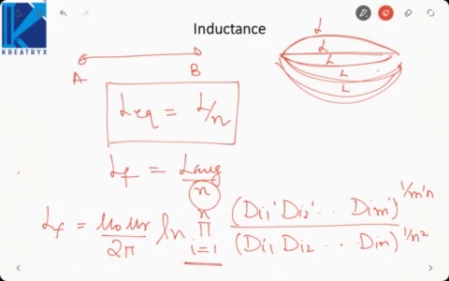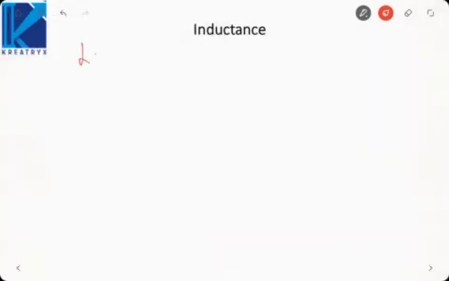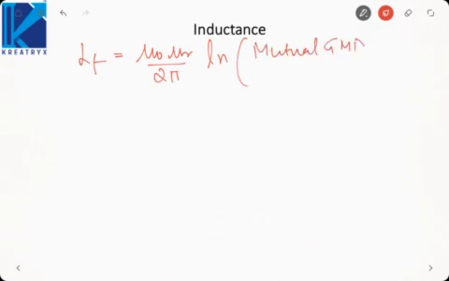Here pi indicates multiplication of n terms like these. Okay. So this inductance of forward path is written as mu naught mu r by 2 pi ln mutual GMD by self GMD.